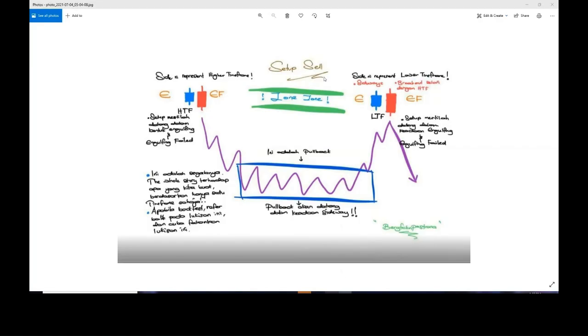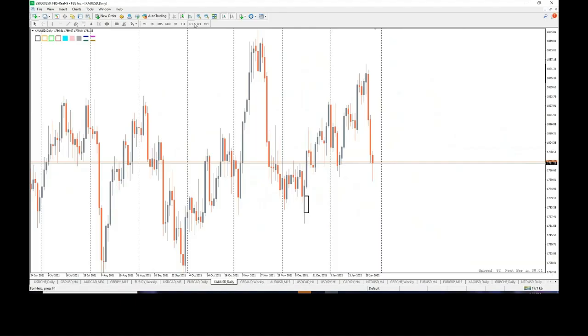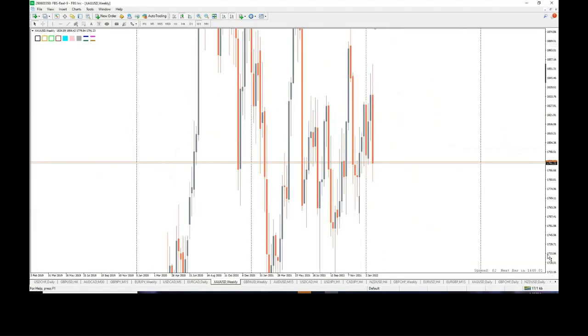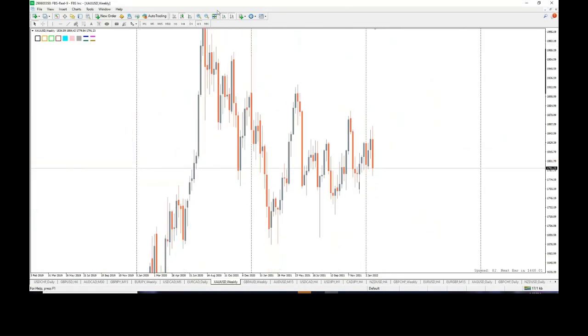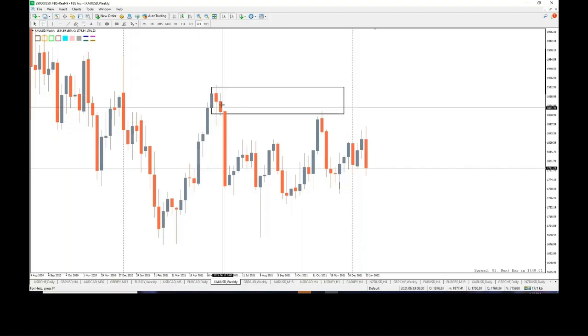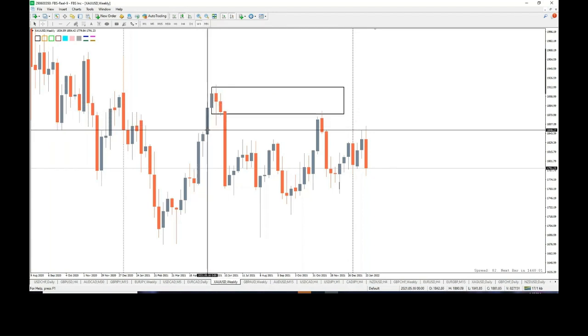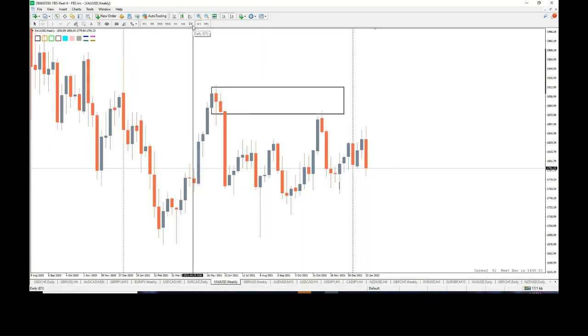I'm gonna show you the first setup, which is a sell setup, like that picture. Let's suppose we have an engulfing sell. So where is the engulfing fail? You can see, a long way down.